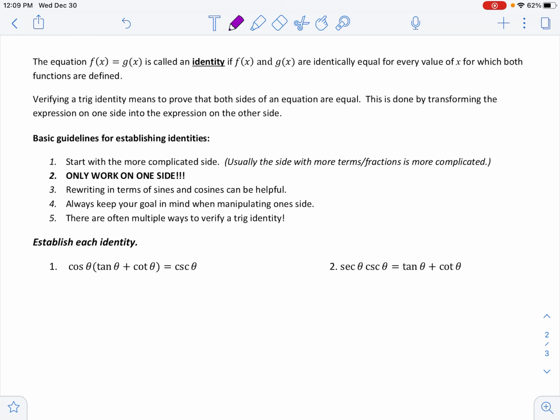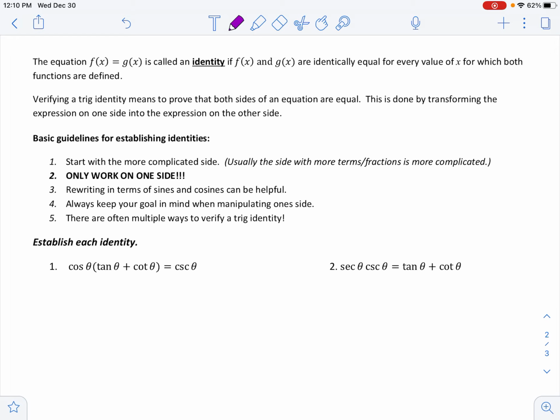So it's exactly what we're doing, except the answer is already on the paper, which is great. Okay. So it says a bunch of stuff right here. It's called an identity when one side looks like the other side. It's identical, okay? Here are basic guidelines for establishing an identity.